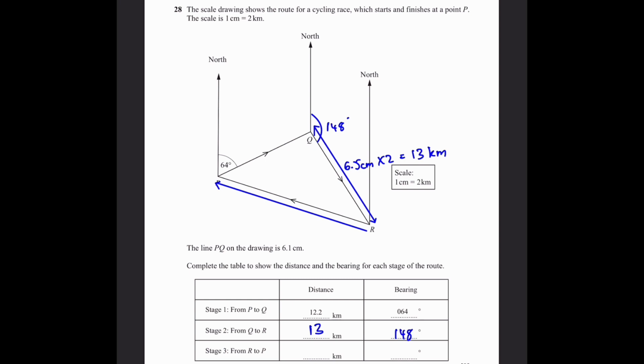Now stage 3, which is from R straight back to P. This line segment here has a length of 9.5 centimeters when you measure it, and therefore when you multiply by 2 we get 19 kilometers. So the distance is 19 kilometers. And now the bearing is the angle clockwise from the north line from the point R, because it's written from R to P. So this angle, how do you measure it?